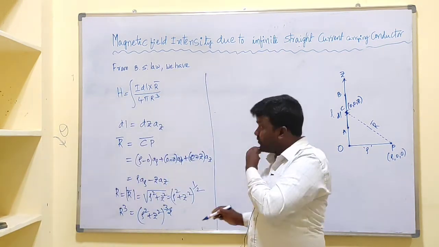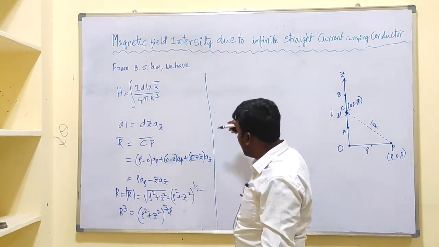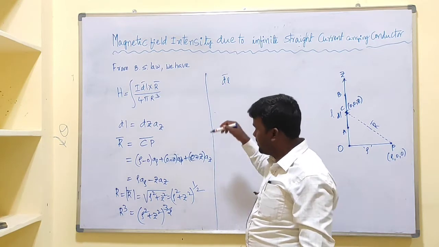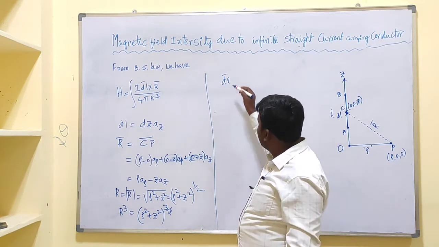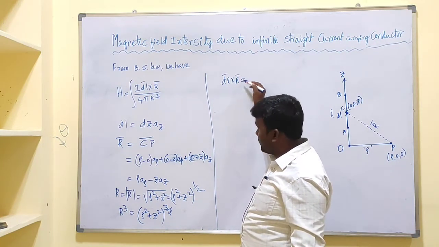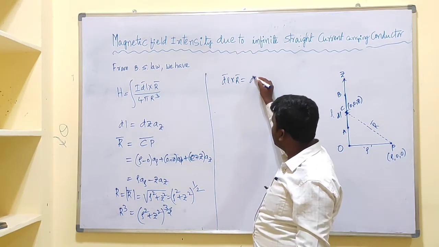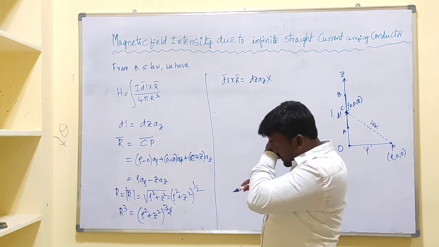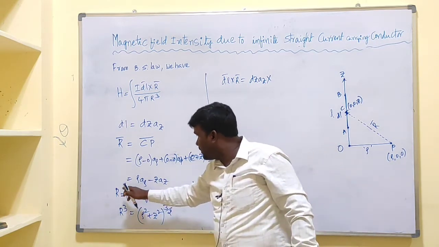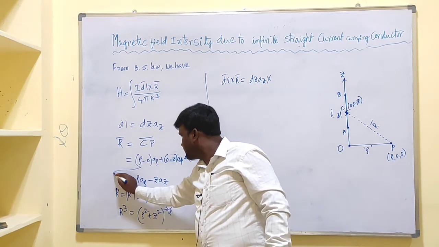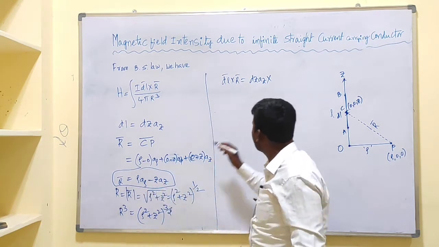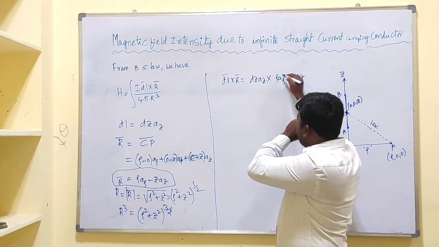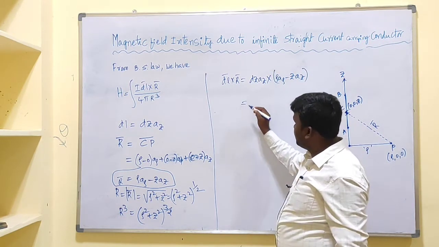Now let us find dl cross r bar. We have dl, a vector quantity, and dl cross r bar is dz az cross r bar. R bar is rho a rho minus z az, so we have az cross a rho.